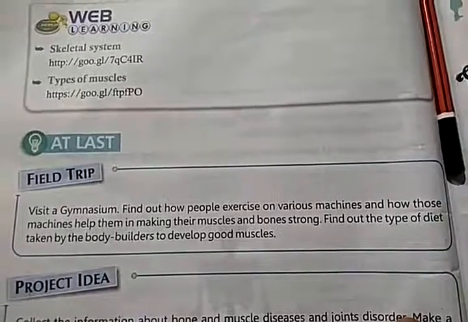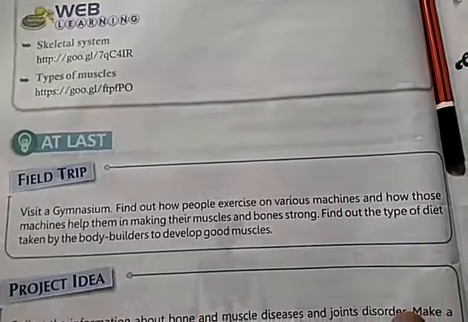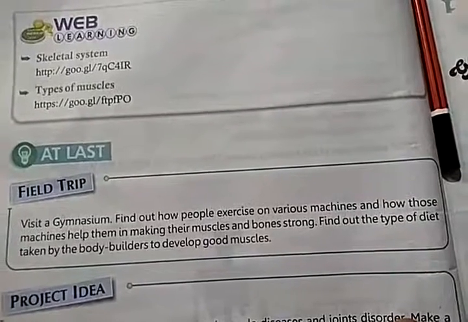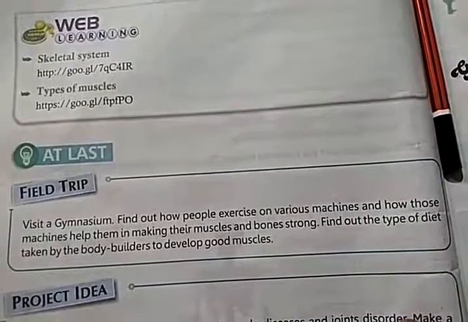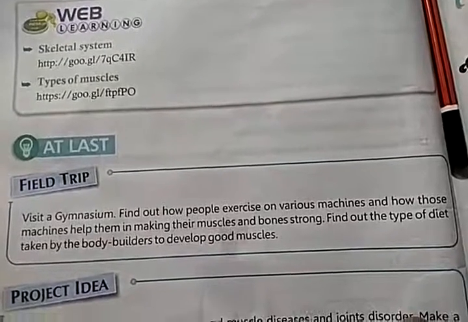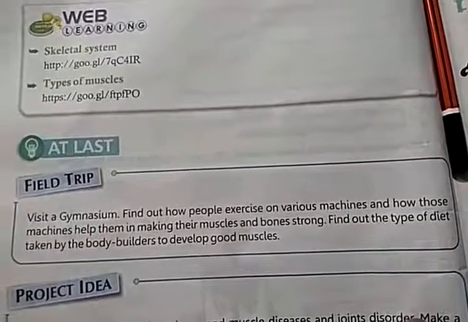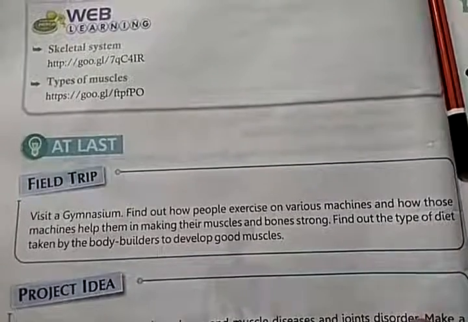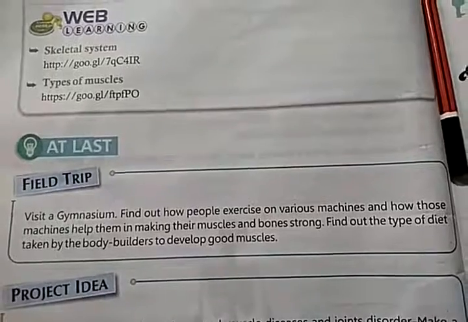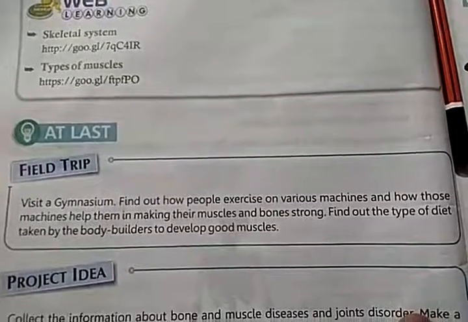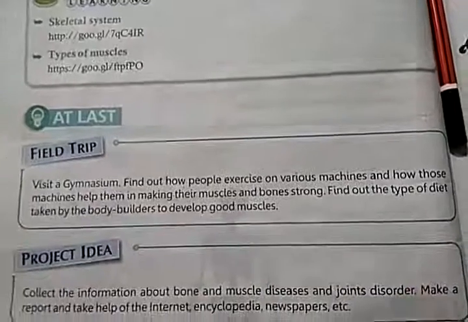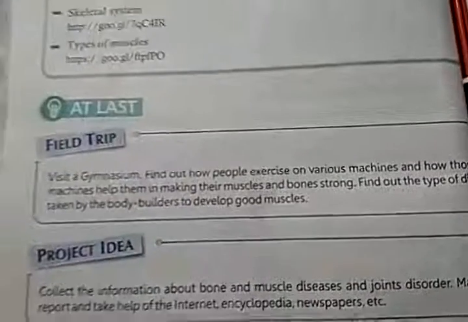So you have to write about how people make their bones and muscles strong and what machines are used there, and you have to write about the diet they eat to make their bones and muscles strong.